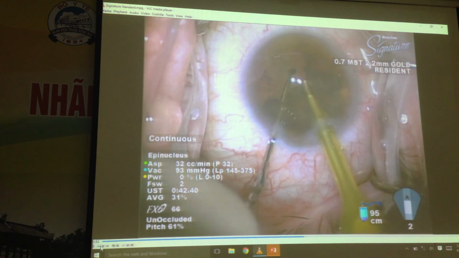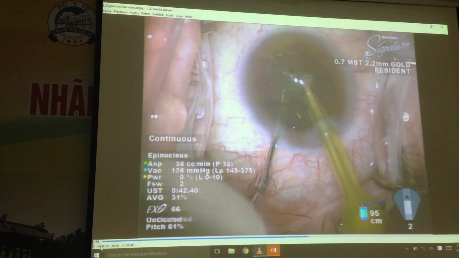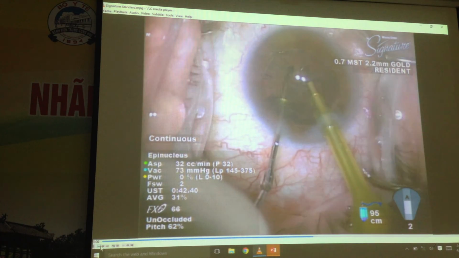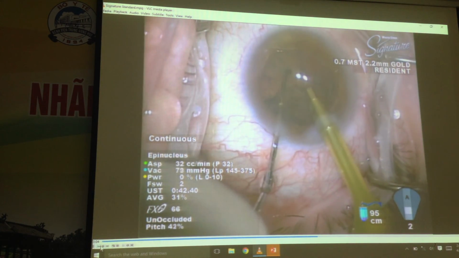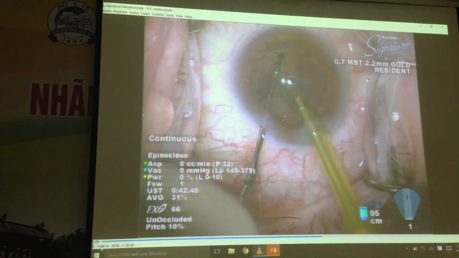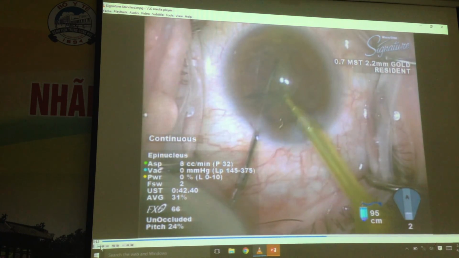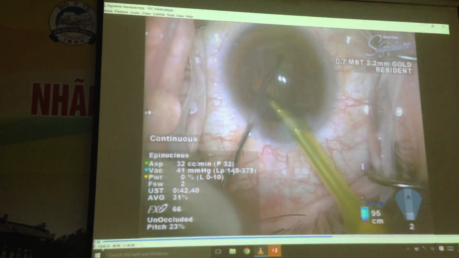Using Dr. Seibel's second instrument, holding it there so that the posterior capsule does not come up. This is a resident that has maybe 20 cases. Okay. So now let's move on to the next lecture. We'll talk specifically about machine settings.